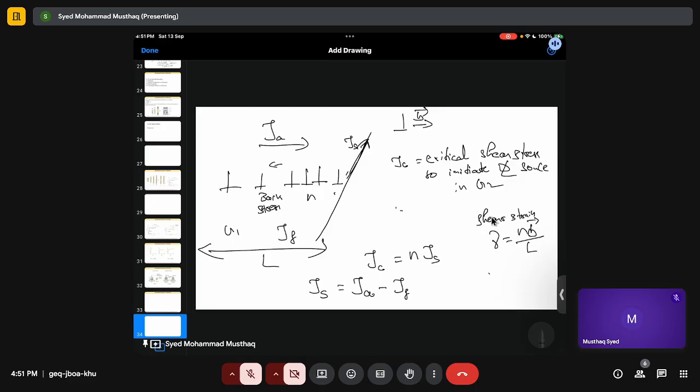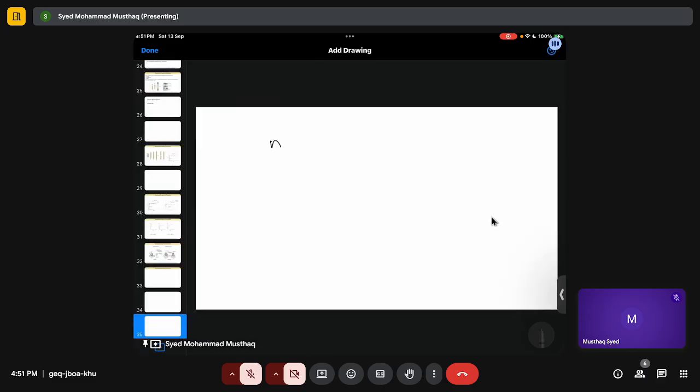What about shear stress? Shear stress can be given as shear modulus times shear strain. Now what is my n? n will be equal to the resolved shear stress times L upon Gb.